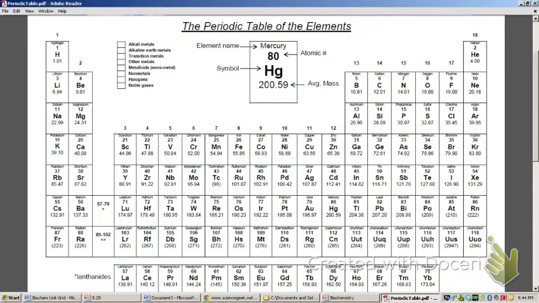But first we're going to talk about the atomic number, and what does the atomic number of any element tell us. The atomic number actually tells us how many electrons and/or protons, because in just this normal state, electrons and protons are equal in any element.